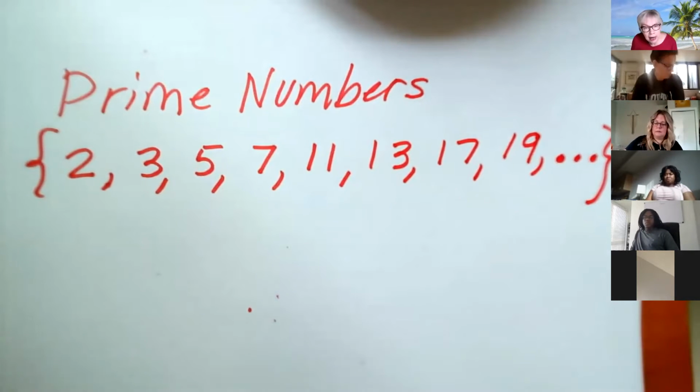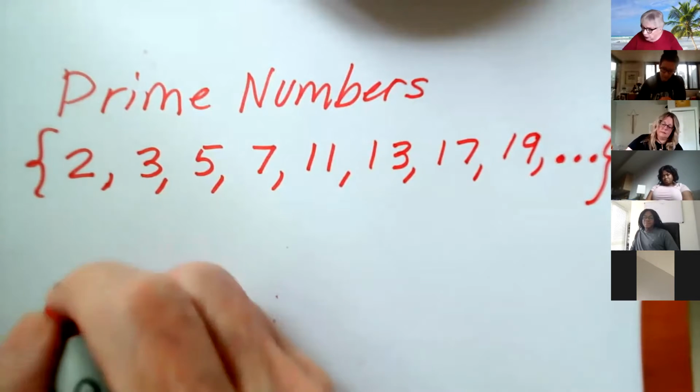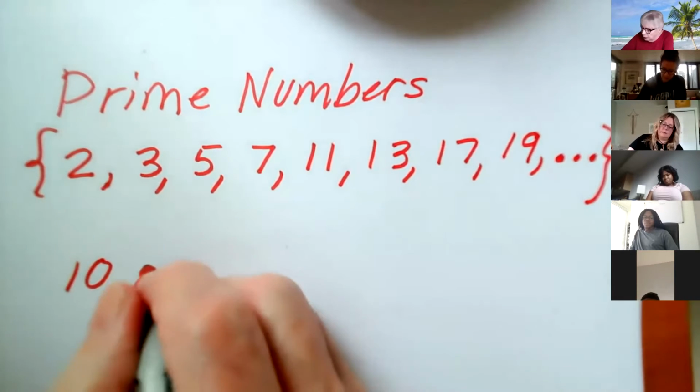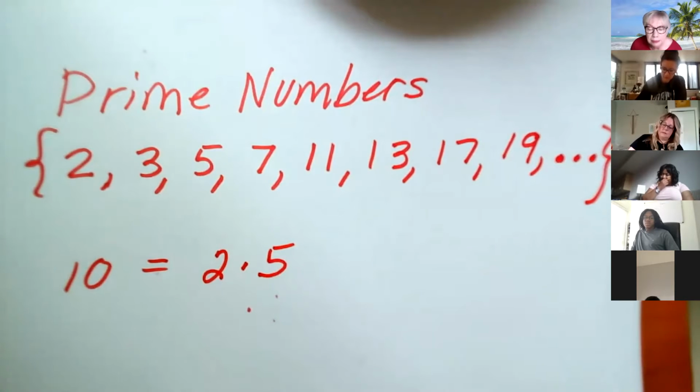So here's the statement. Any whole number is prime or a multiple of primes. So for instance, if you take the number 10, it is not prime, but here's what it's made up of: 2 prime numbers. And so if it isn't prime, it's composed of prime numbers that are multiplied together.